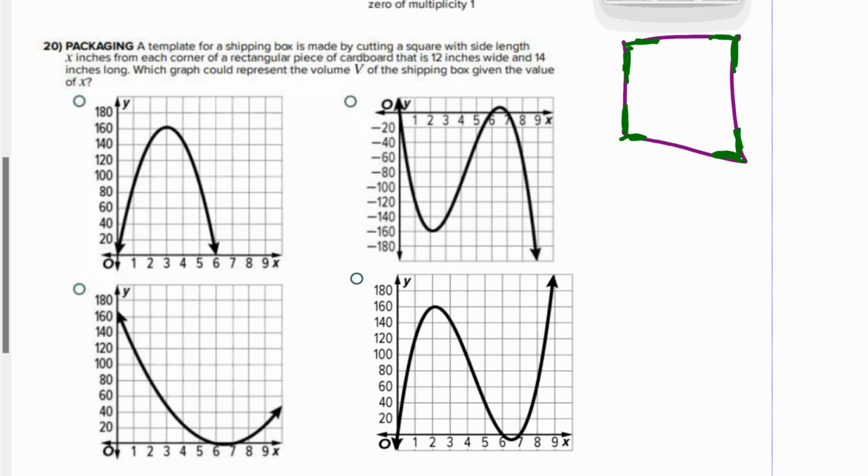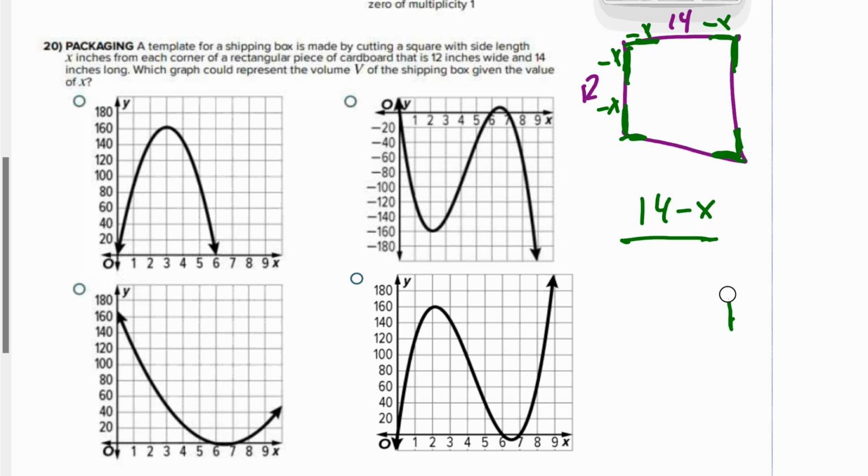As this original one was 14, when we subtract an x and subtract an x, that becomes 14 minus 2x. And then here, this originally was 12, but we're cutting an x out, so that'd be 12 minus 2x.